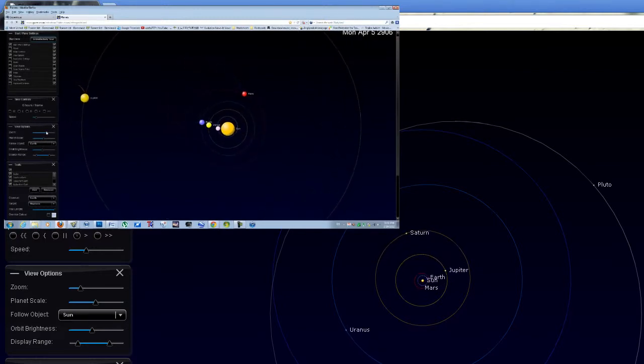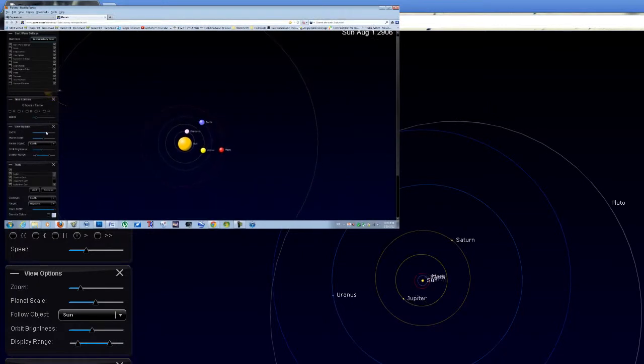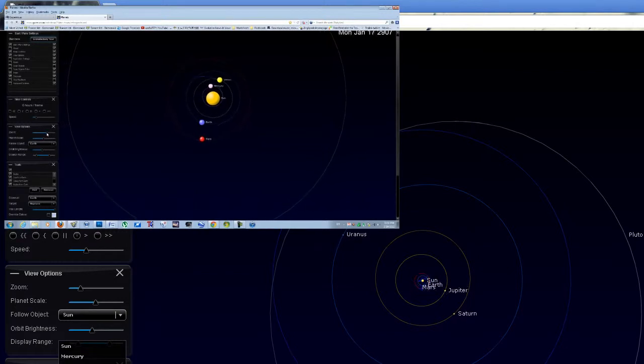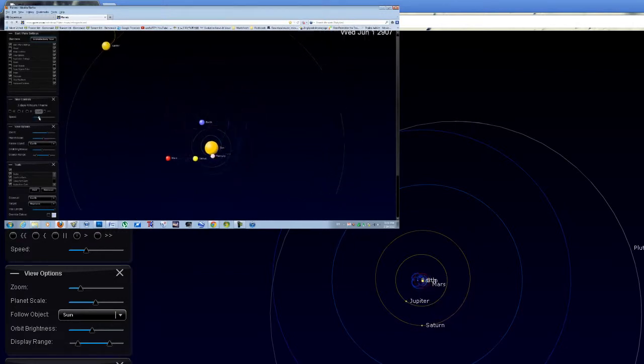He added trails from the observer Earth. Oh, hang on. From the observer Earth a trail to Mercury. From the observer Earth a trail to Venus.